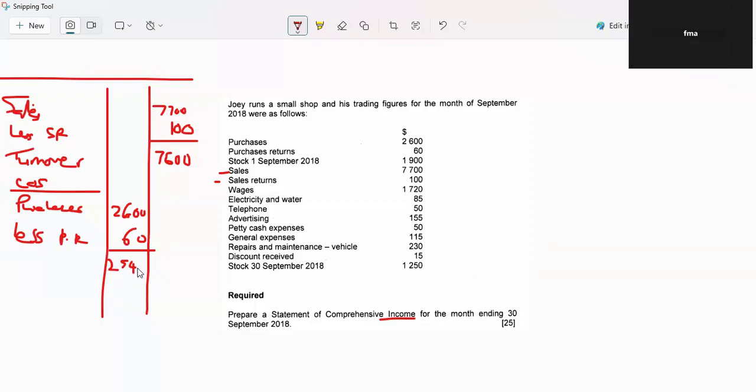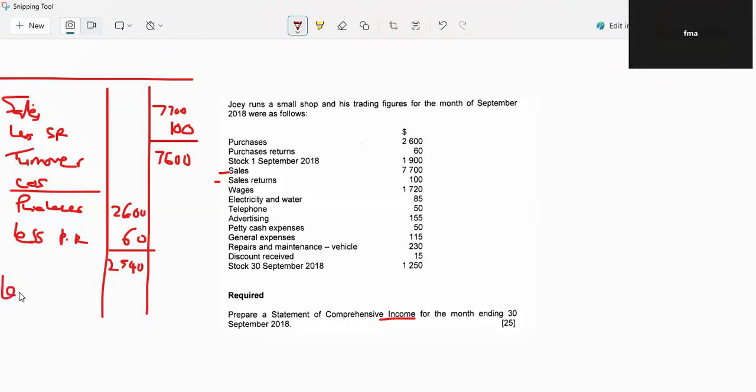And what do we do next? I think we also subtract any closing stock. Is there any closing stock? Yes, I think that's the stock on 1st September 2018. How much is that? 1,900.